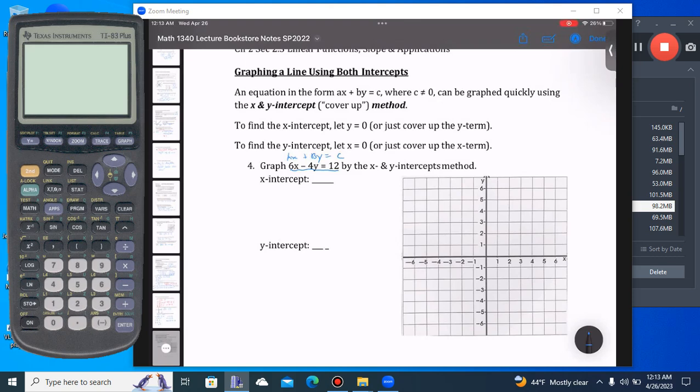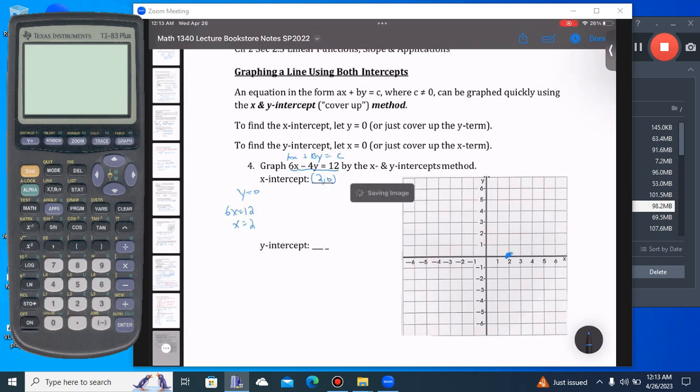When we let y equal 0, we're finding the x-intercept. When we let x equal 0, we're finding the y-intercept. So first, y equaling 0 gives us 6x equals 12. So x divided by 6, you get 2. That's (2, 0), your x-intercept.